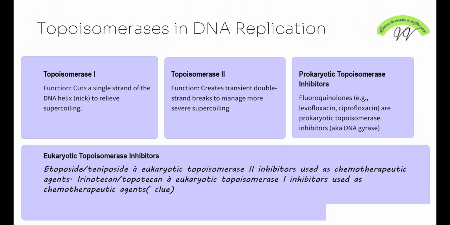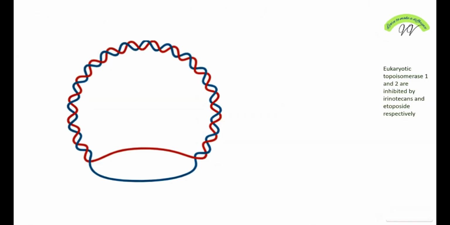What do you understand by topoisomerase 1, topoisomerase 2, and what are the topoisomerase inhibitors? Let's say this is our DNA, and it is beginning to unwind by the enzyme helicase. Once it starts to unwind, supercoils are produced in these areas, because this area is getting unwound.